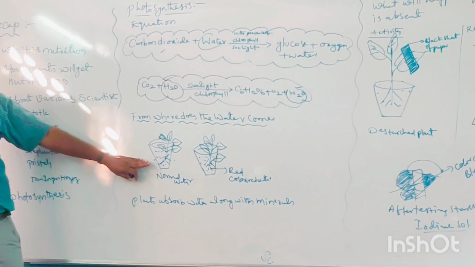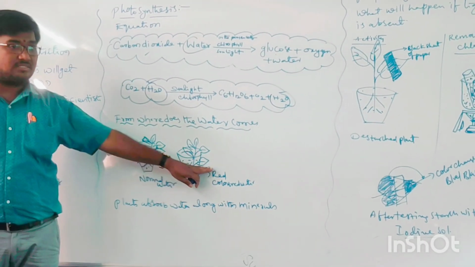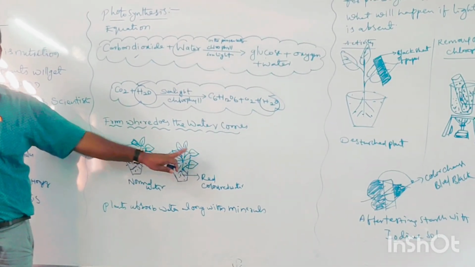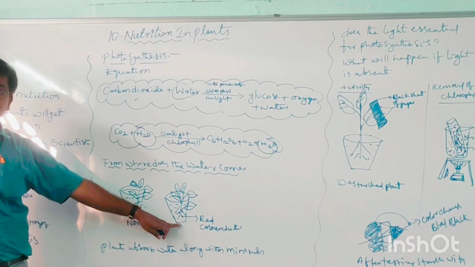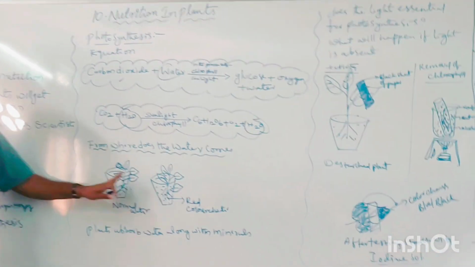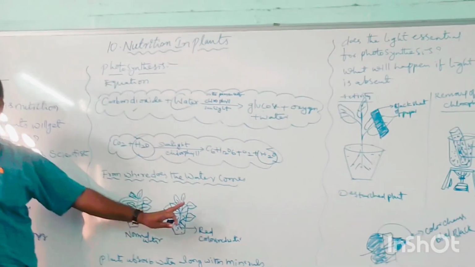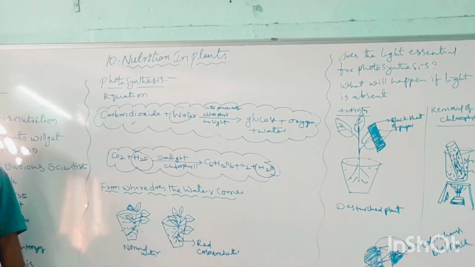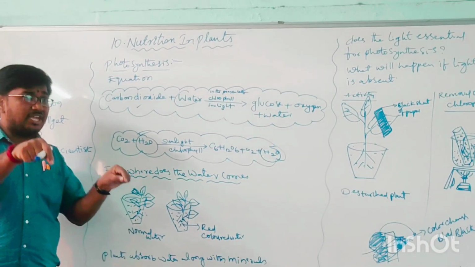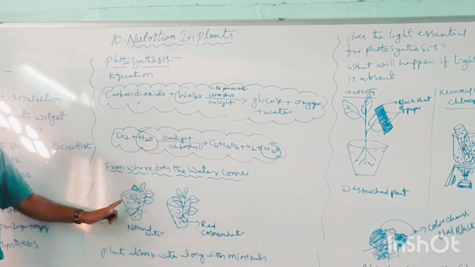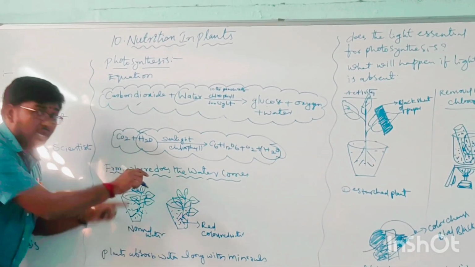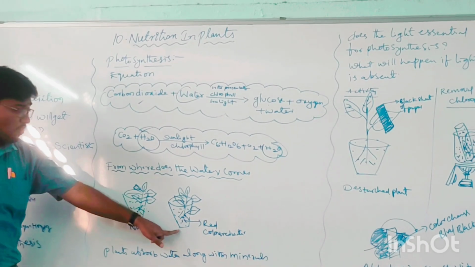What are the apparatus here? Two glass tumblers, two soft-stemmed plants, water, and red ink. For the procedure, take two glass tumblers and fill them with water. Place the two soft-stemmed plants, one in each glass tumbler. Now add red ink to one of the tumblers.